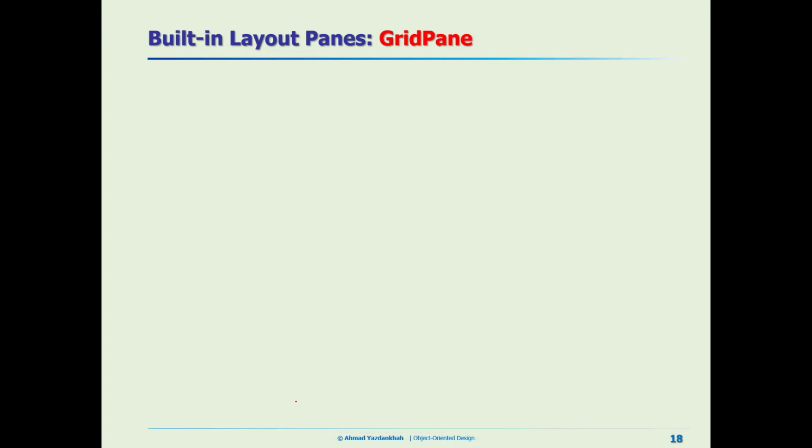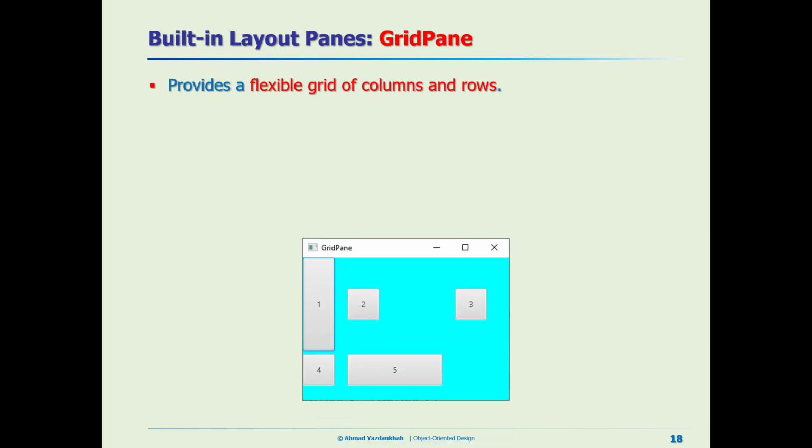Okay. Our next layout pane is GridPane. As its name says, it has a flexible grid of columns and rows. So here's the example.